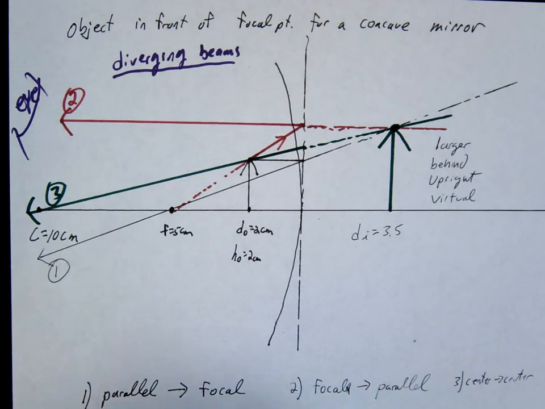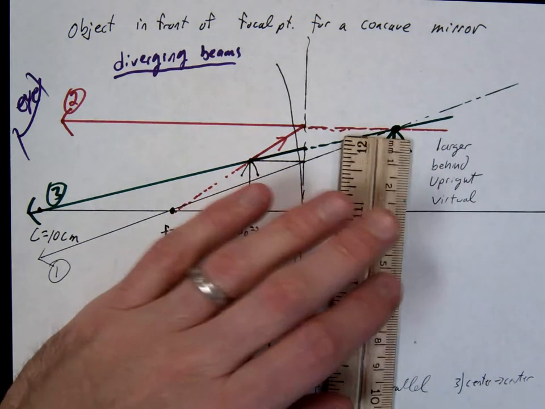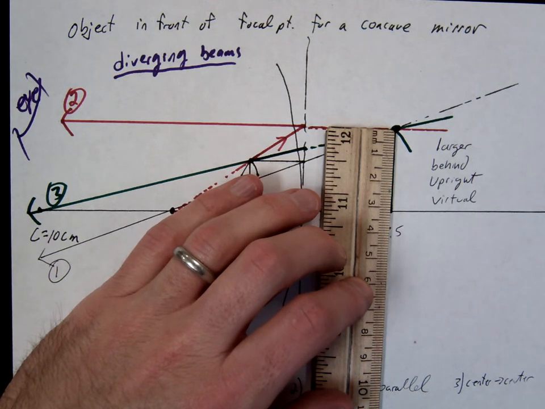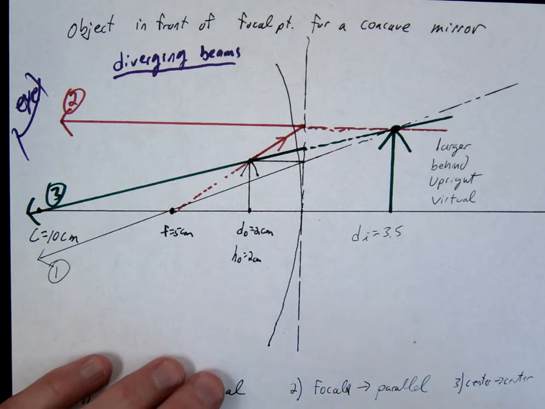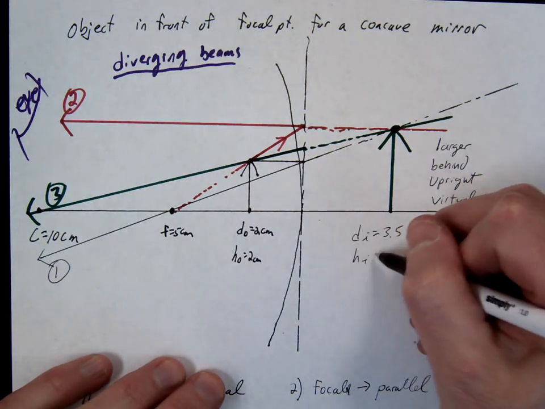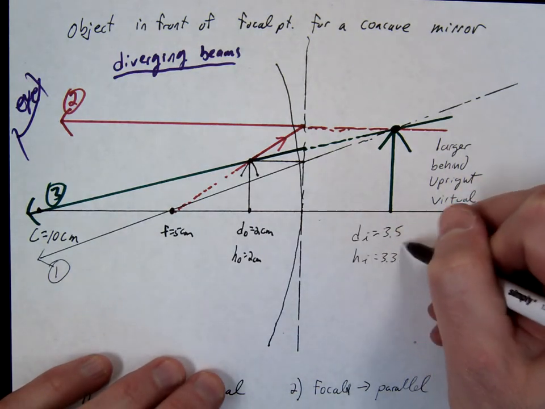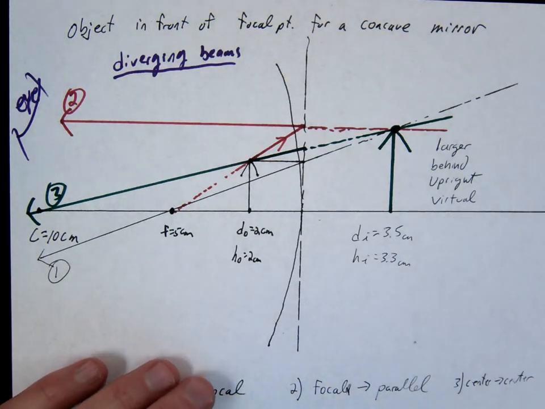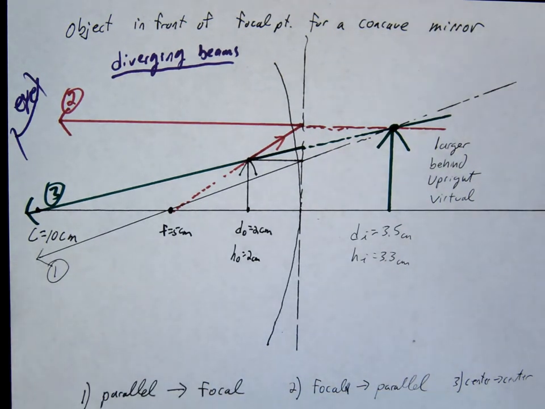We're going to figure out who's right in a few minutes. Go ahead and measure your H. Looks like about 3.3. Hopefully you're in that ballpark, 3.3, 3.2, 3.4, something like that.